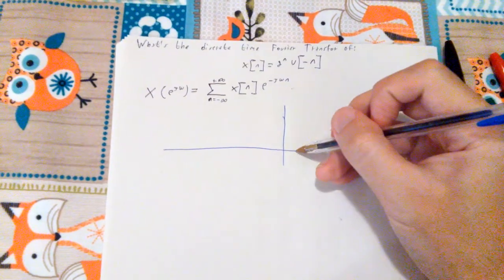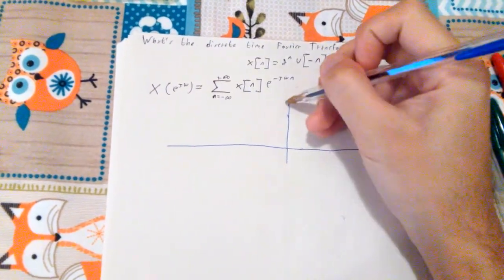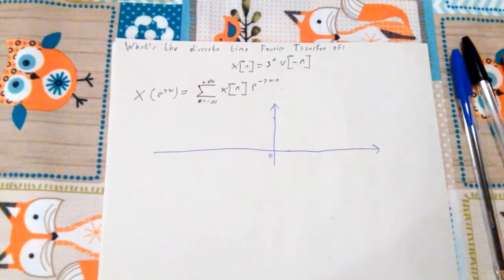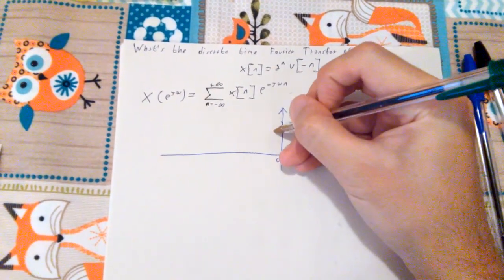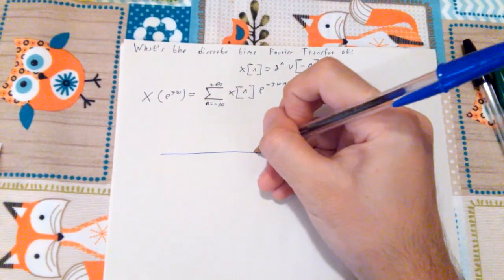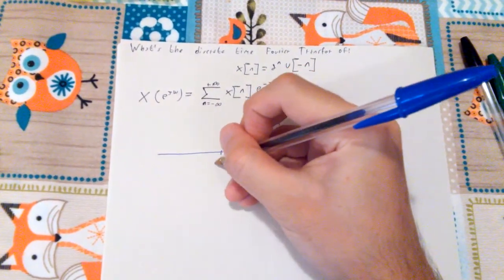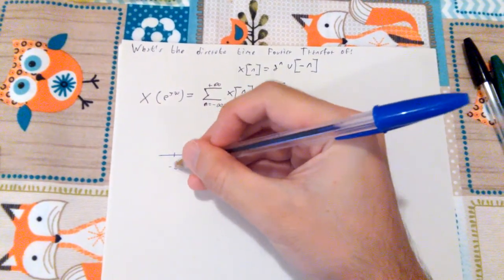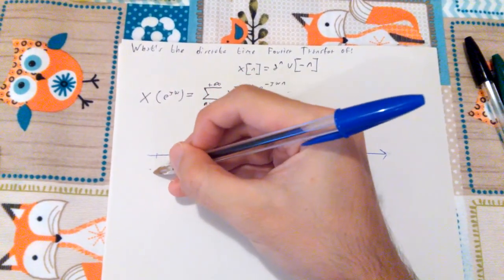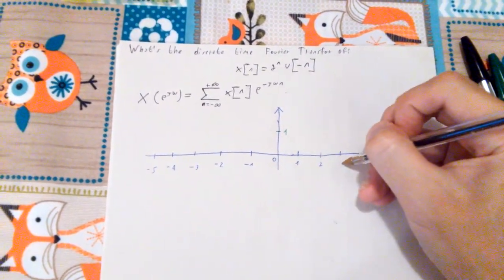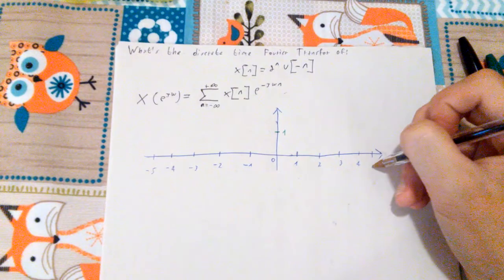So we have the 0. We still jump to 1, but we're coming from the other side. So negative 1, negative 2, negative 3, negative 4, negative 5, and so on and so forth. And here we have 1, 2, 3, 4, 5, and so on.